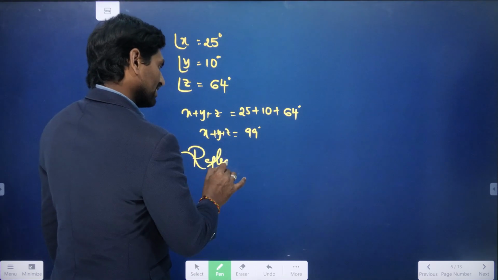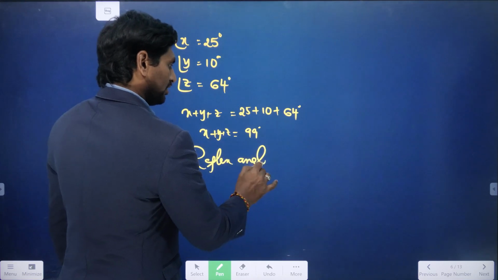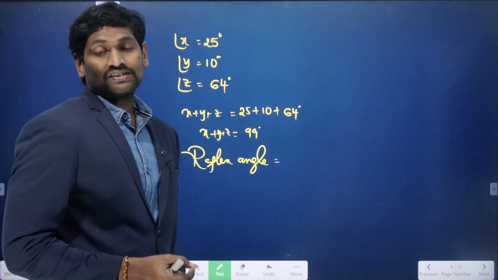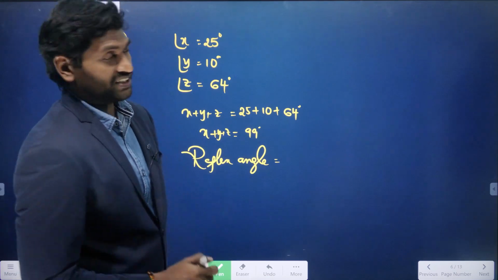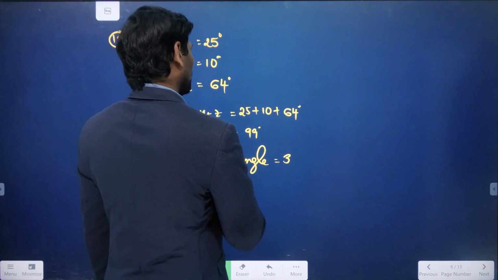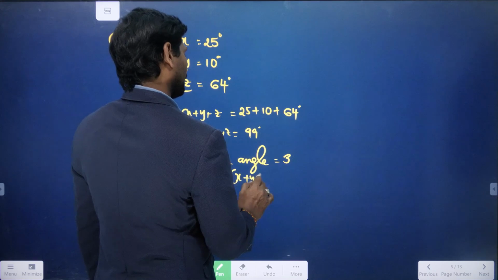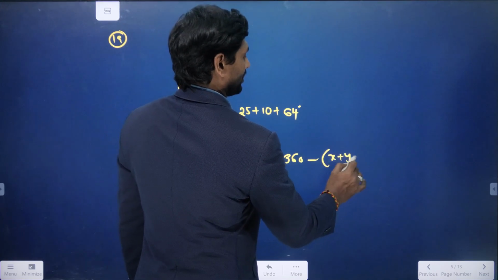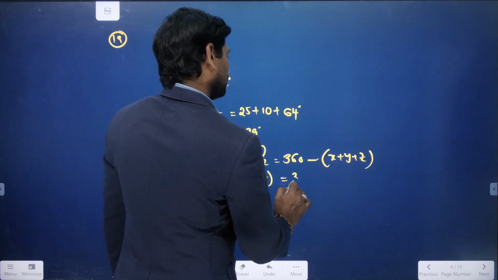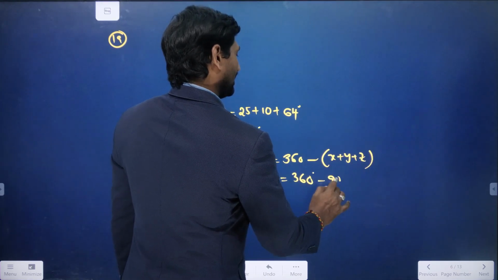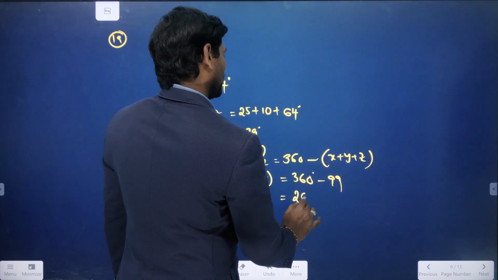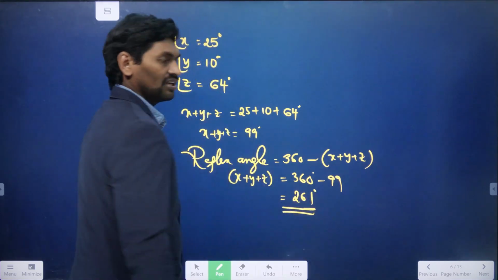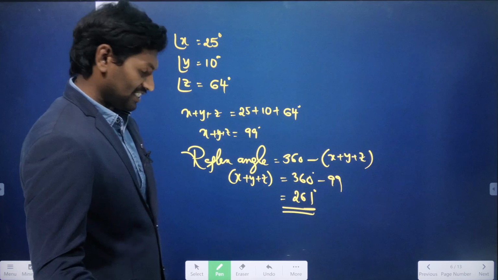To find the reflex angle, we need to subtract the given angle from 360 degrees. So the reflex angle of X plus Y plus Z equals 360 minus 99. So it is 261 degrees.